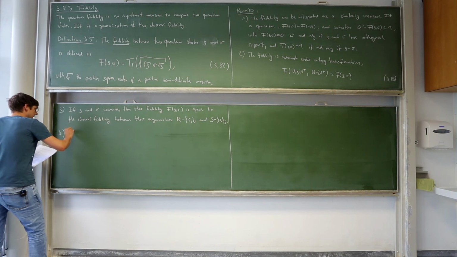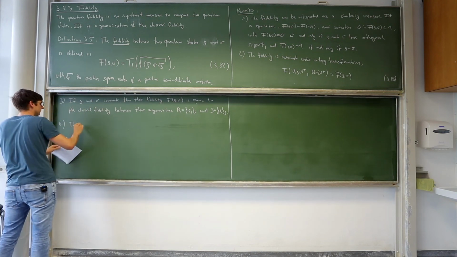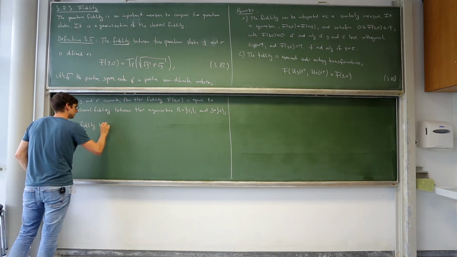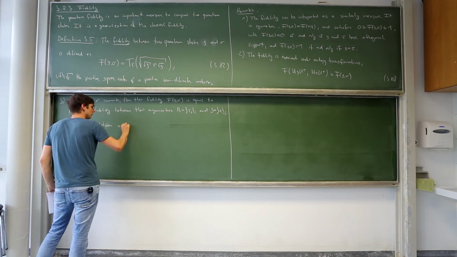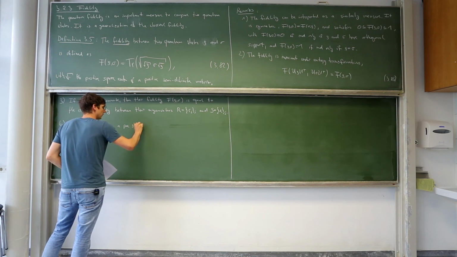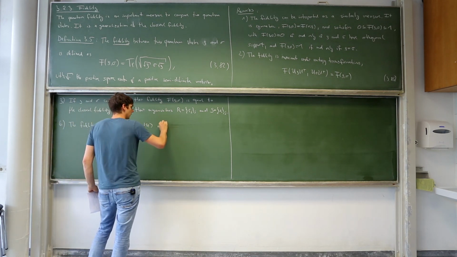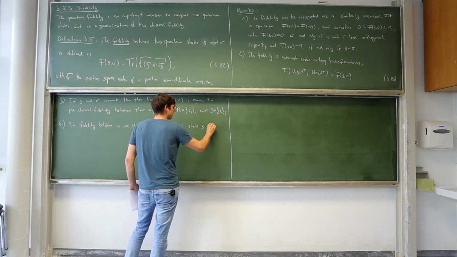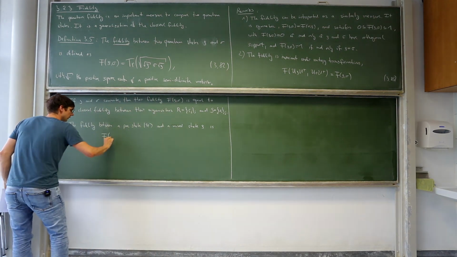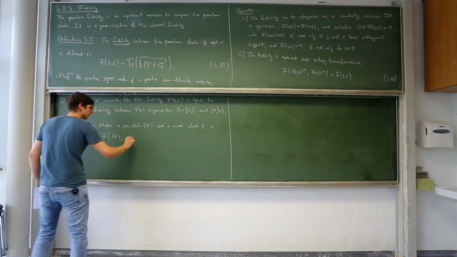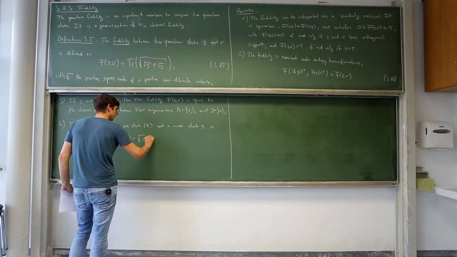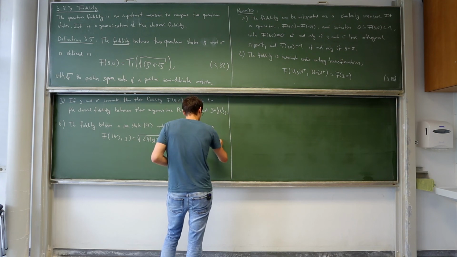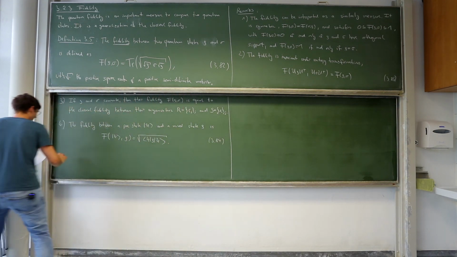So the fidelity between a pure state, let me call this psi, and a mixed state rho is as follows: F(psi, rho) is equal to the square root of <psi|rho|psi>.